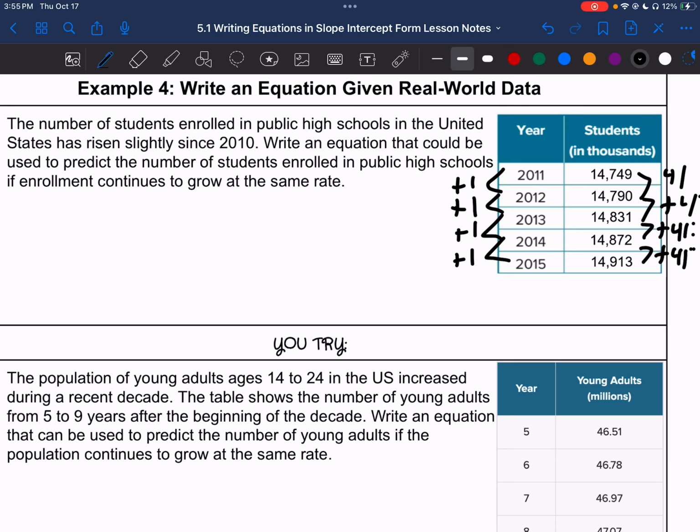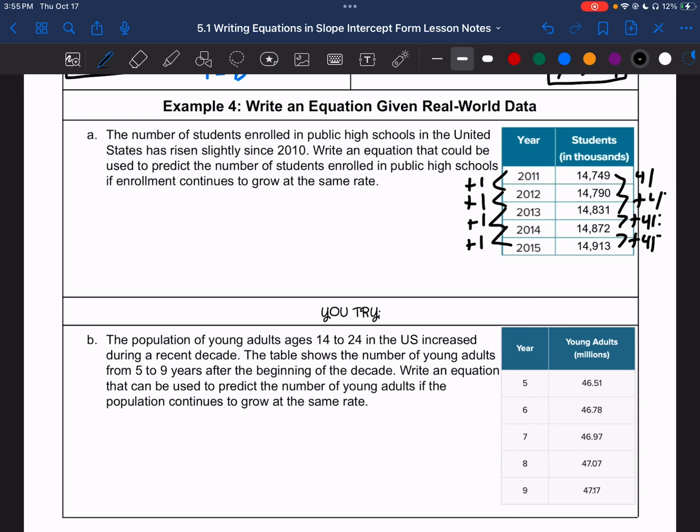So my slope is the change in y over the change in x. So the change in y is 41 over the change in x is 1. So it's just 41.